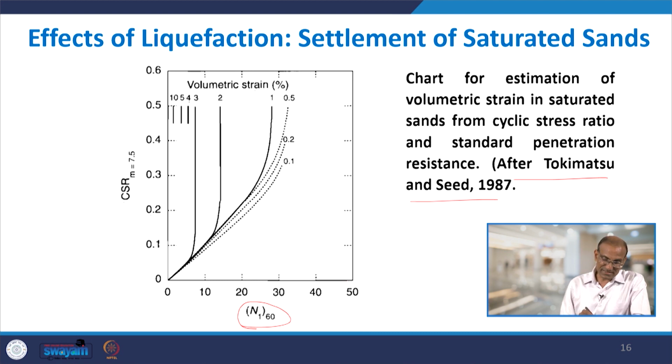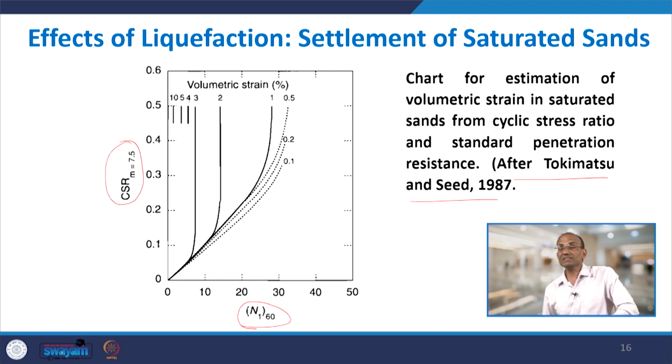Then on the y axis you have cyclic stress ratio for magnitude 7.5 earthquake, and in this case you could see that there are different curves depending on volumetric strain in percentage, 0.1, 0.2, 0.5, 1, 2, 3, 4 up to 10. So, how can we read this chart?